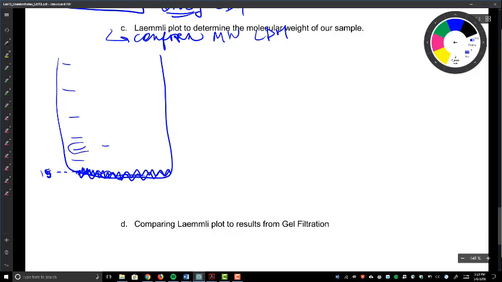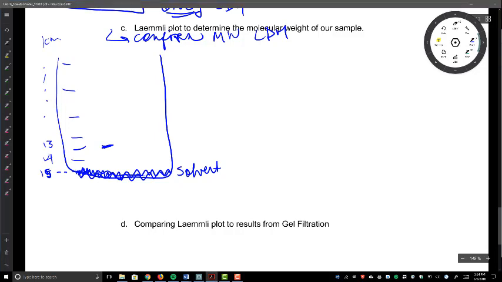So if this is your ladder, and then this is where you think LDH is, you mark, okay, this one's 14 centimeters, this one 13 centimeters, all the way up to 1 centimeter at the top. So that's your solvent front, and the chemical that's going to be at the solvent front is bromophenol blue.